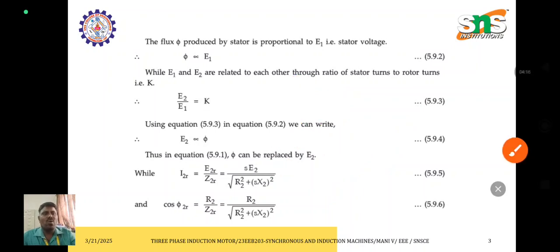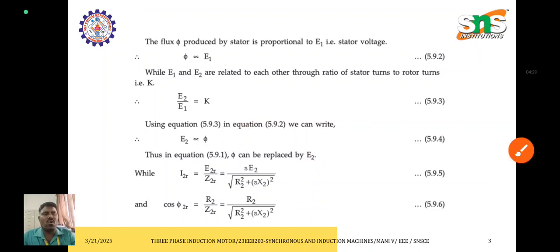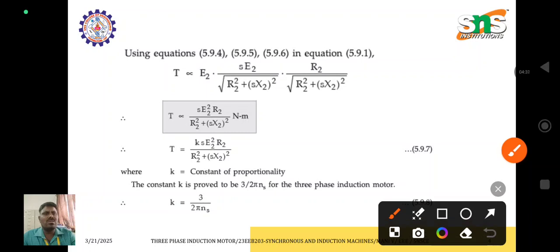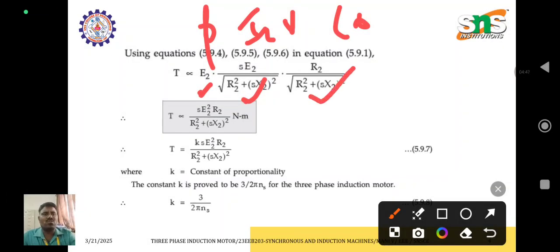Now we know the flux is directly proportional to E2, and we know the value of I2R and the value of cos phi 2R. Now we can substitute all of those here. The torque is directly proportional to, instead of flux, phi E2, and instead of current, I2R, and instead of power factor, we are substituting here.